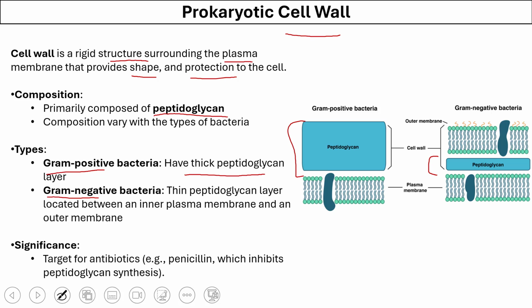The cell wall is again a very important target for antibiotic drugs, because the cell wall provides protection and shape to the bacterial cell, and if you destroy it, you kill the cell.